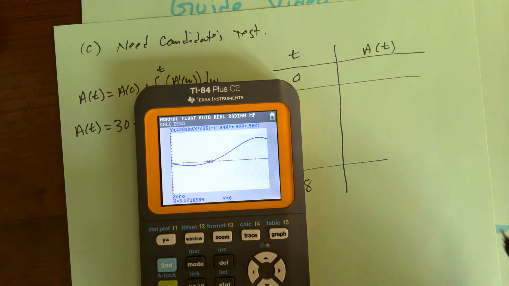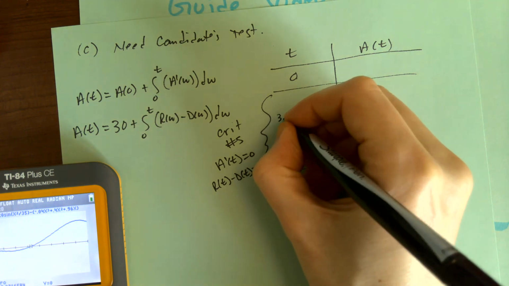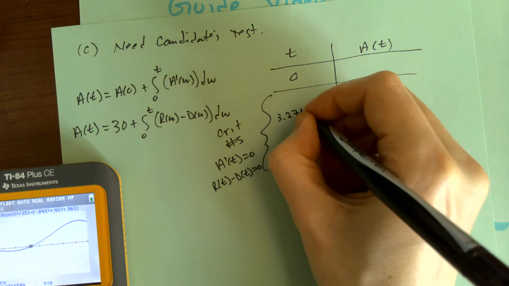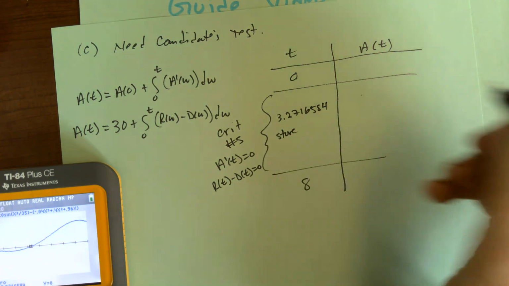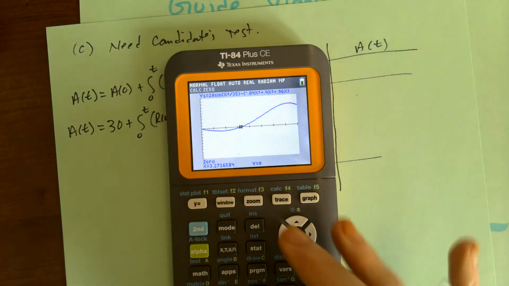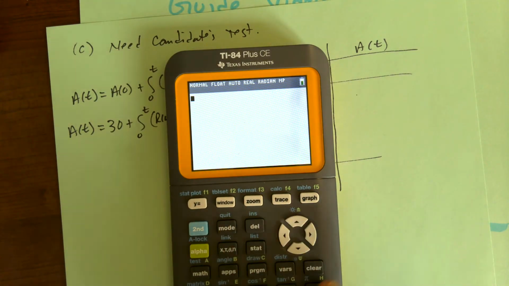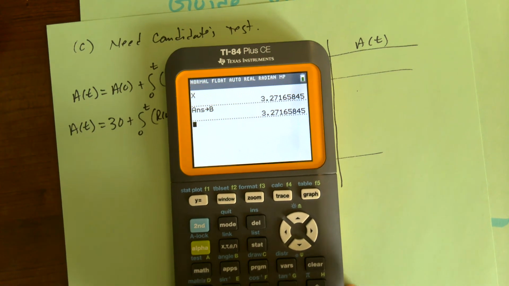Okay, so right there, 3.271, all right, so I'll write it here: 3.2716584. And I'm already using capital A, so I'll store it as B. So I go back to my home screen, hit X, and then store that as B. Okay.